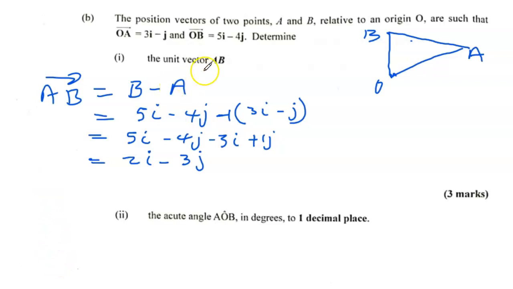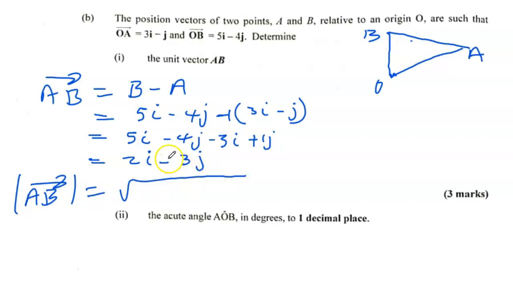Now to get the unit vector AB, we also need the modulus of AB. The modulus of AB is the square root of x squared plus y squared. So the square root of 2 squared, which is 4, plus negative 3 squared, negative 3 times itself, that's positive 9, right?